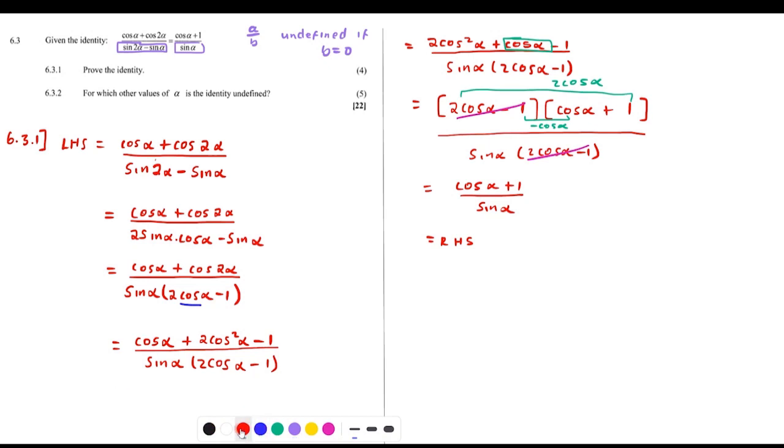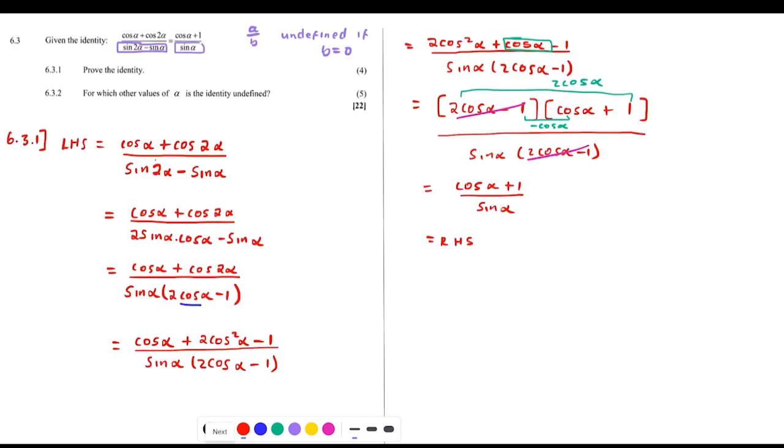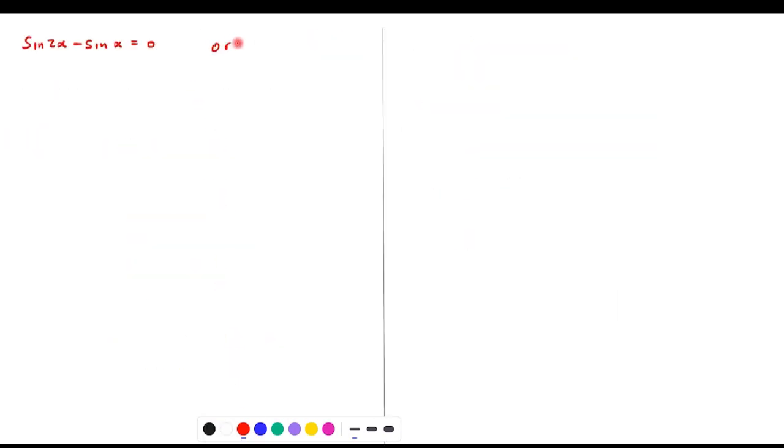So this then means we need to say sine 2 alpha minus sine alpha is equal to 0. So that was from the first fraction, or the second fraction, sine alpha equals 0. Then from here we're going to apply general solution on these two, right? Now here I'm going to start with the first one, sine 2 alpha minus sine alpha equals 0.